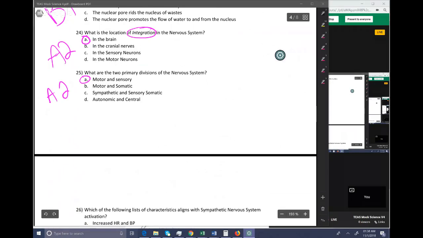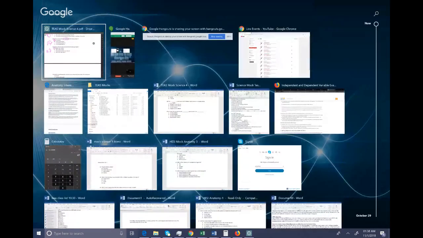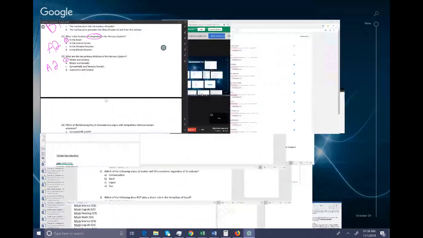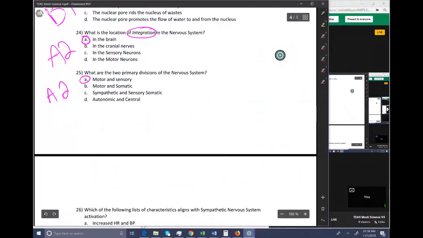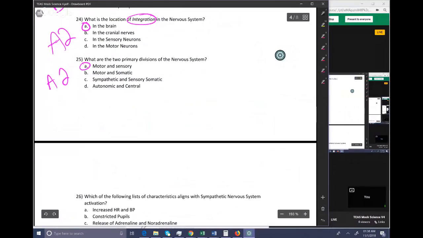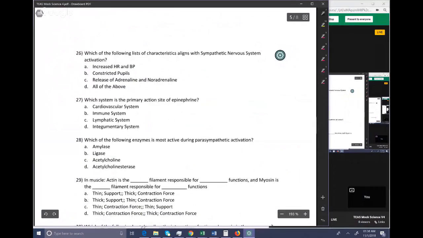Which of the following lists of characteristics aligns with sympathetic nervous system activation?